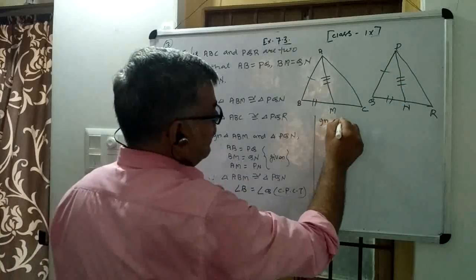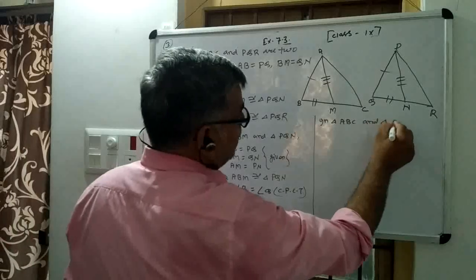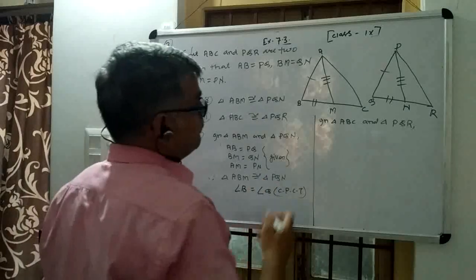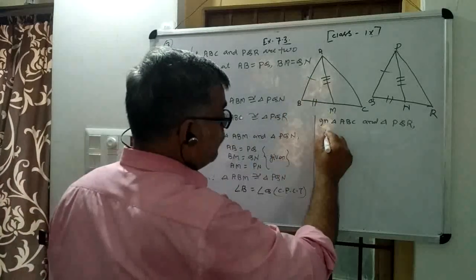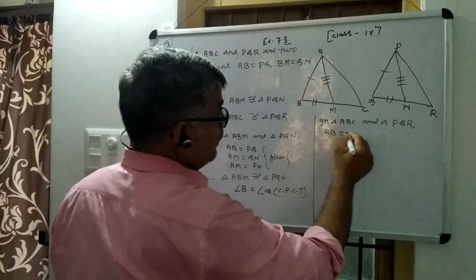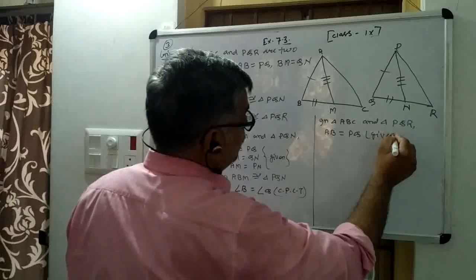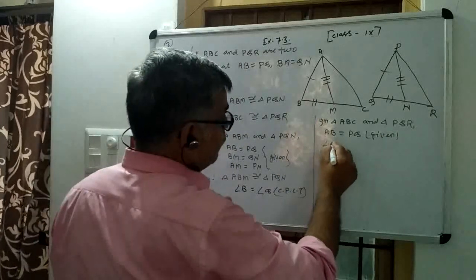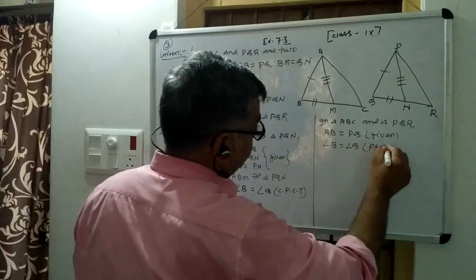So in triangle ABC and triangle PQR, we have what? AB equals PQ, which is given, and angle B equals angle Q, which we proved earlier.